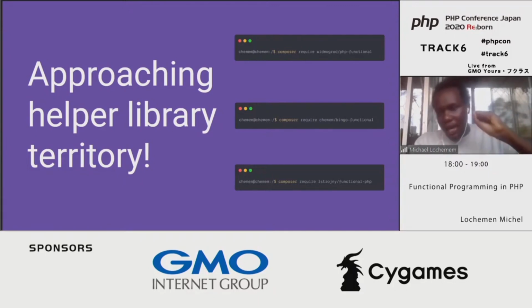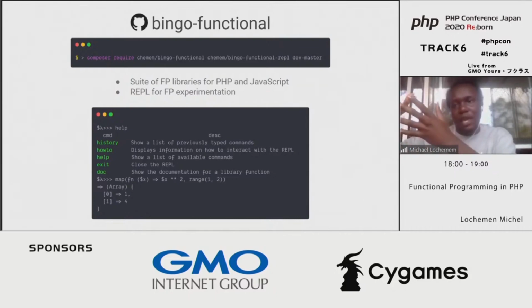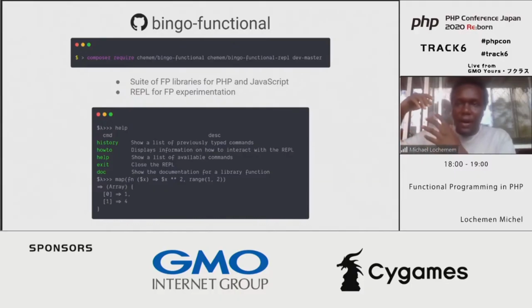PHP. And in particular, we'll use for the rest of the presentation a library that I built. It's called Bingo Functional. Yeah, I know, the self-promoting. I'm sorry. It's essentially a one-stop shop for a bunch of functional programming primitives and algebras that can allow you to compose functions in your code, right?